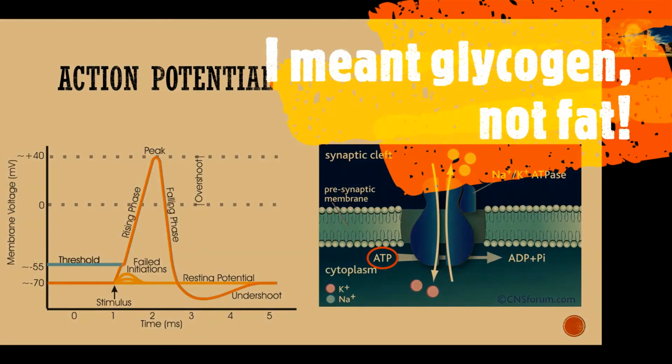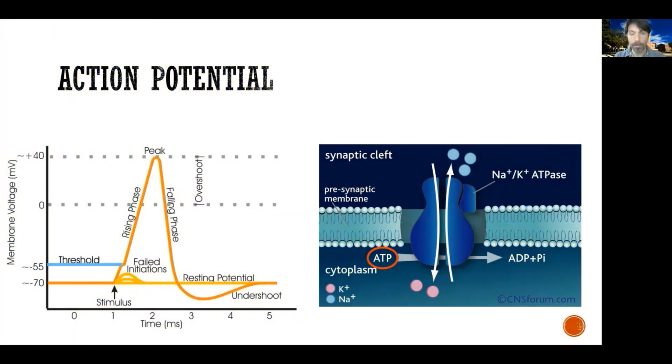There's no fat storages in the brain the same way that there are in the body. So energy is stored as ATP in the brain. And at every cycle, 1 phosphate is lost from the ATP. And so for every cycle of the sodium-potassium pump, 1 ATP becomes an ADP, or adenosine diphosphate, and 1 phosphate, which gets released. And the energy of that release allows the pump to function.